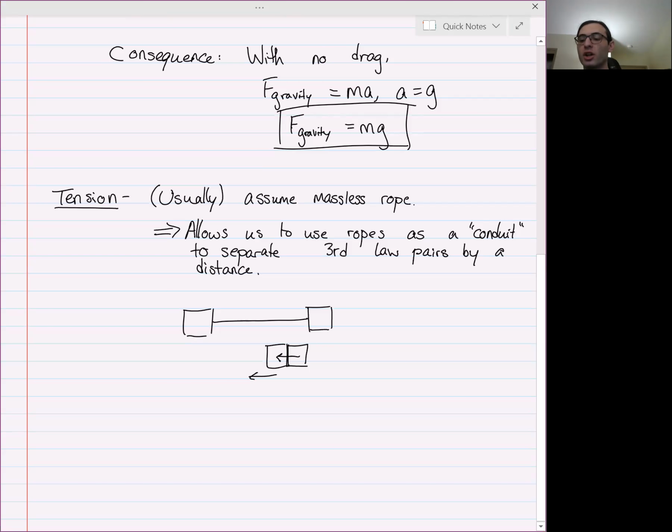It would pull the right block along with it. And so the right block would pull the left block back, equal and opposite forces and all that. What a rope allows us to do is distribute that across the rope.